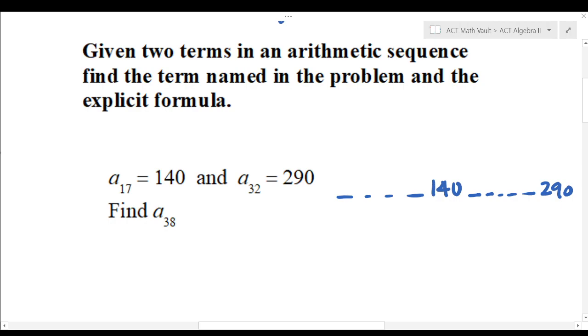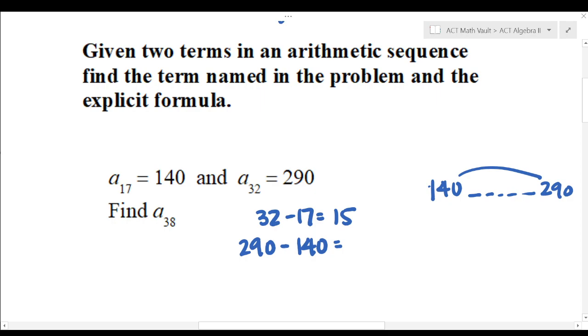So what's going on between this 140 and 290 is, we could subtract 32 minus 17, and that would give us 15. And then we could also do 290 minus 140, and that gives us 150.